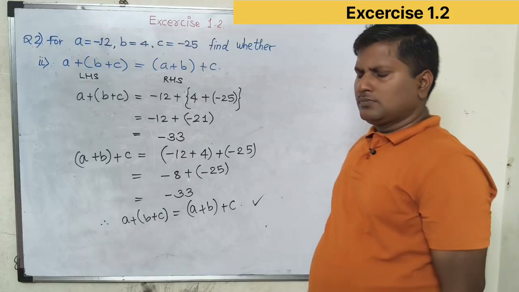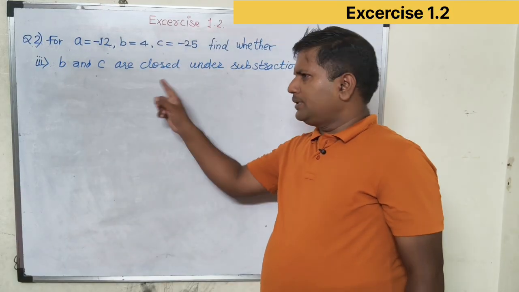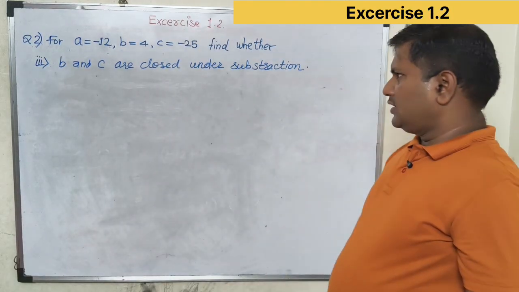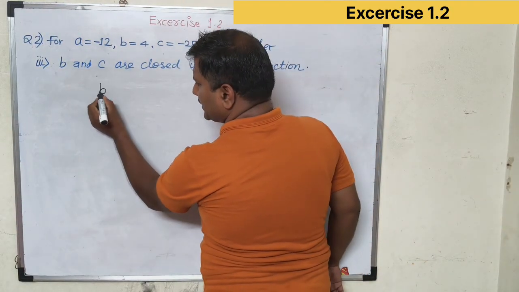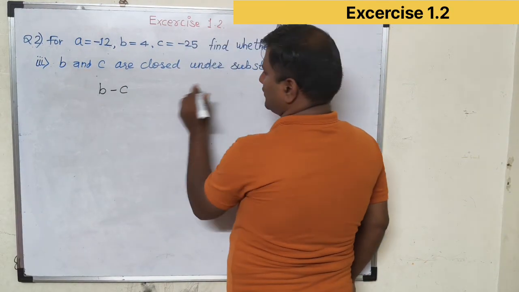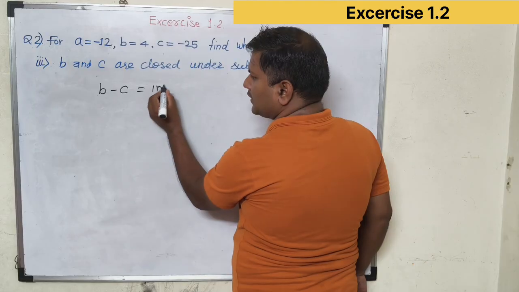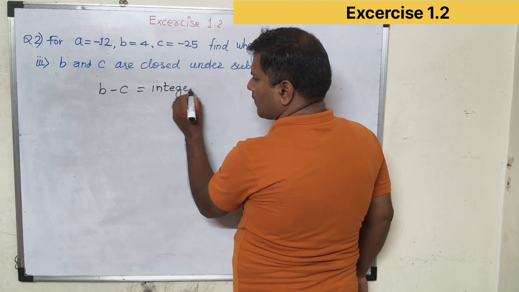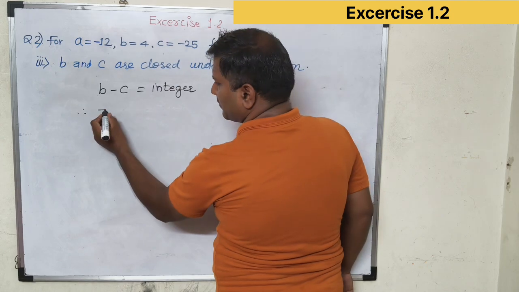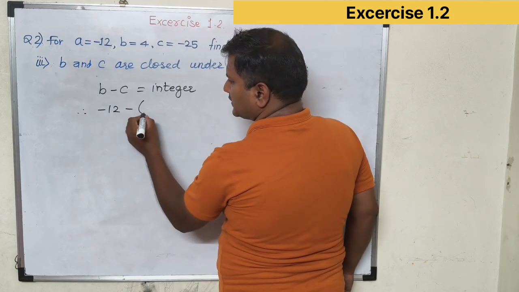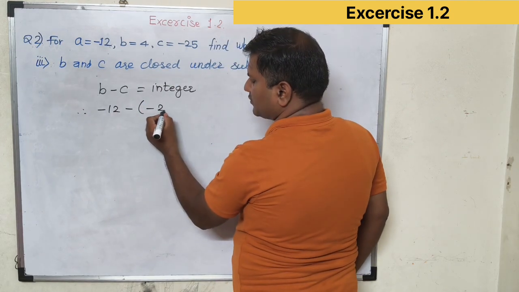Okay, question number 2, third: b and c are closed under subtraction. That is, you have to show that this b minus c subtraction is giving an integer. So b value is minus 12, minus c is minus 25.